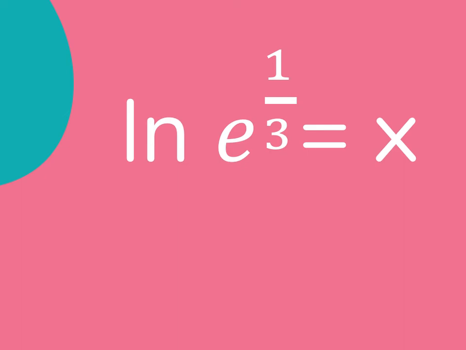But if e is raised to a power, we actually have to turn this into exponential form. So again, I assume the little e down here. I'm going from BAE to BEA. So e to the x power equals e to the 1/3 power. My bases are the same. Get rid of the e's, and x equals 1/3.